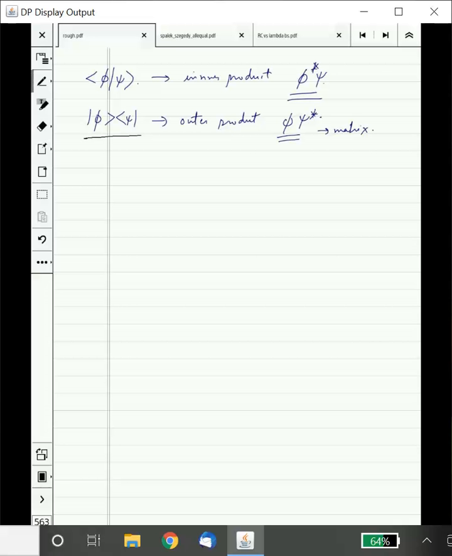What is its action? It takes psi to, or any vector v, to v psi times phi. This is the action on any vector v. This is the matrix.